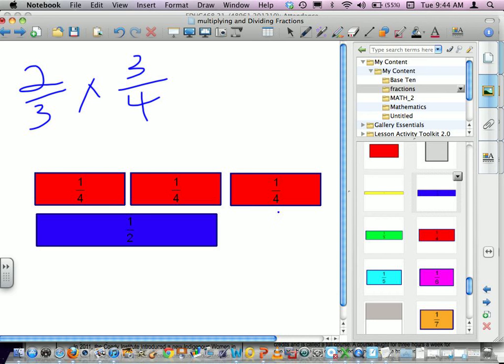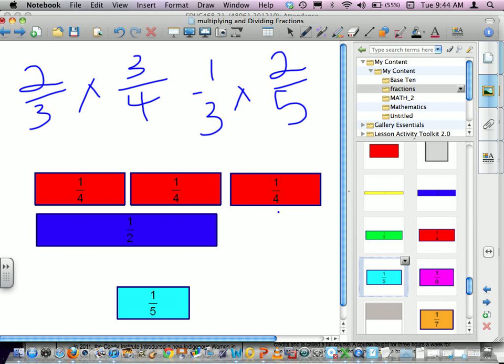But let's try 1/3 of 2/5. Okay? So if I built 2/5 and I wanted to take 1/3 of that, this is where it starts to become more complex, right?